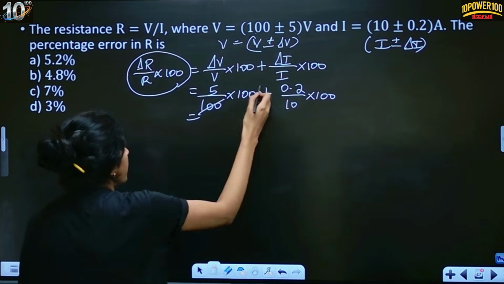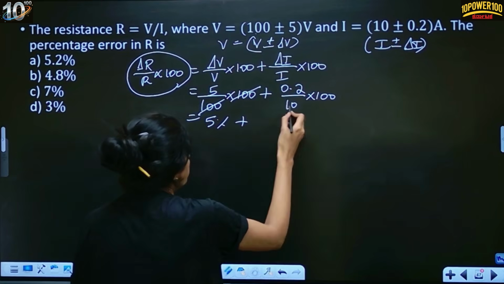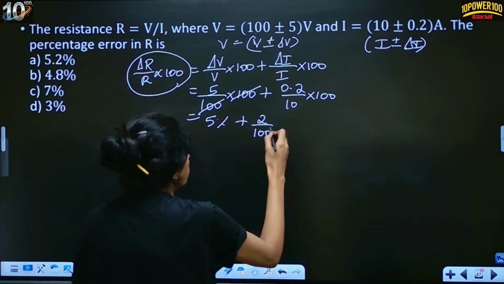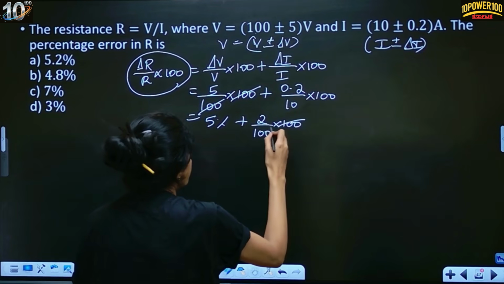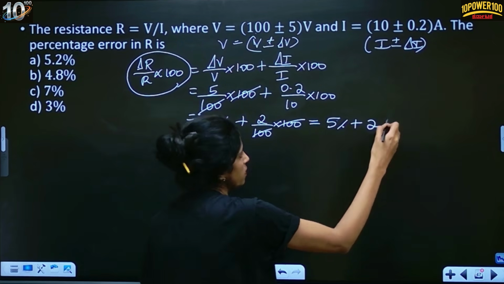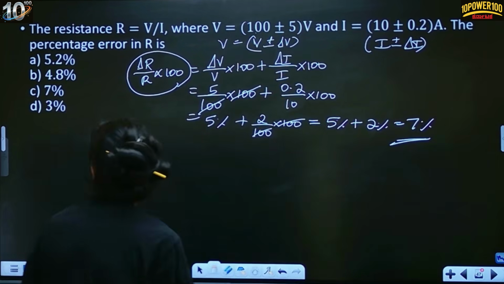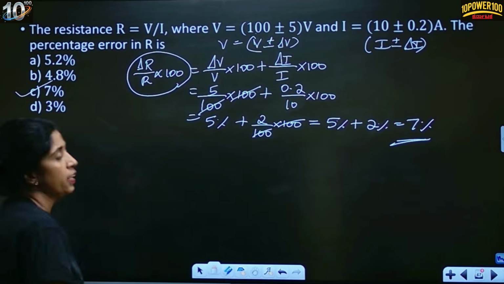So the 100 gets cancelled. This is 5% plus 0.2 by 10, which is 2 by 100, into 100, so the 100 gets cancelled. So you will get 5% plus 2%, which is equal to 7%. That's it. So what's the option here? Yes, option C is the correct answer.